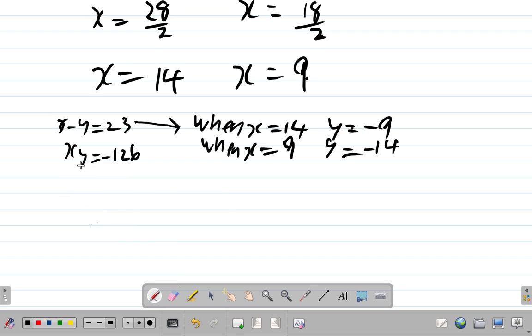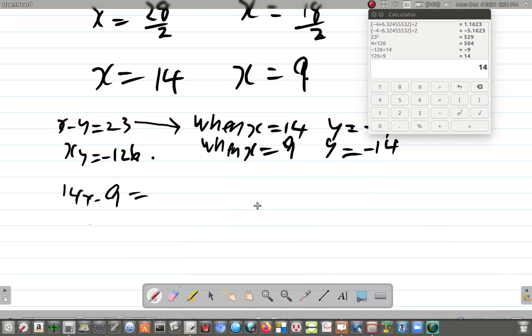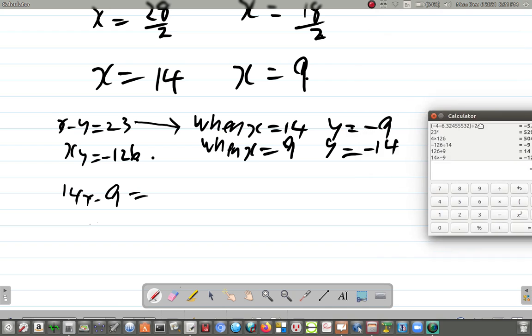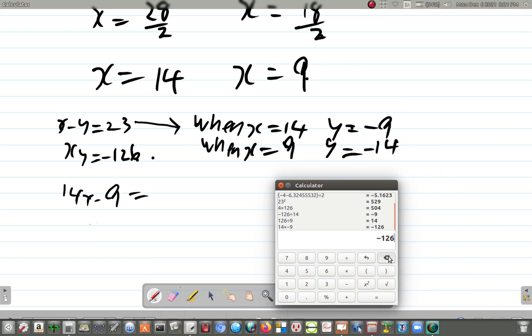If we test it using equation 2, 14 times negative 9 equals, let's do the shortcut and use a calculator. 14 times negative 9 equals negative 126. It works. And what happens when x is 9 and y is negative 14? 9 times negative 14 equals negative 126. It works again. Good.